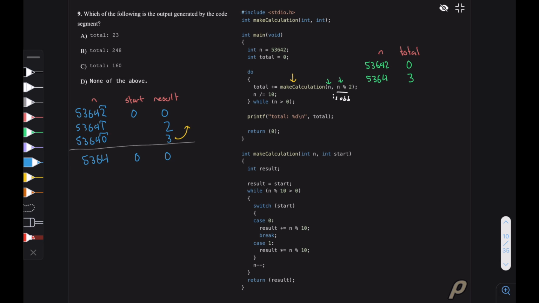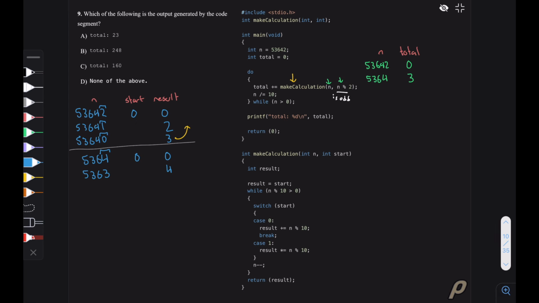So then we do the same thing, while n mod 10 is greater than 0. So n mod 10 is going to be this last 4 here. So we do the switch on start, and start is always going to be 0, so at least in this call, we know we're going to be in here. So we do result plus equals n mod 10. So we add 4 to result, and then we break out, then subtract 1.